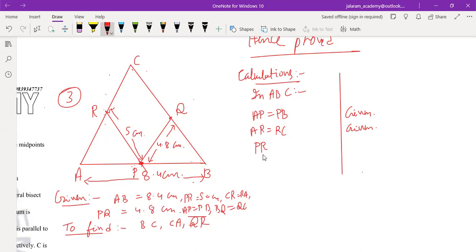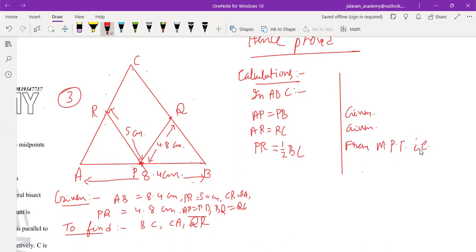And if there is nothing to do with parallel, we require only the length, as we have to find the length of BC. So we write PR equals half BC, and write the reason from the midpoint theorem.